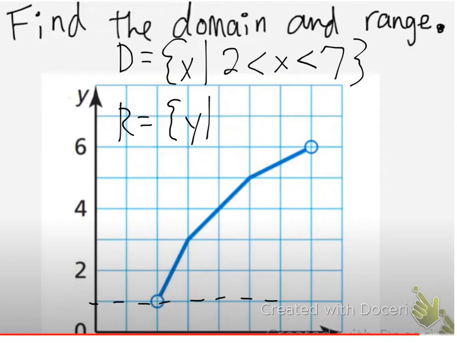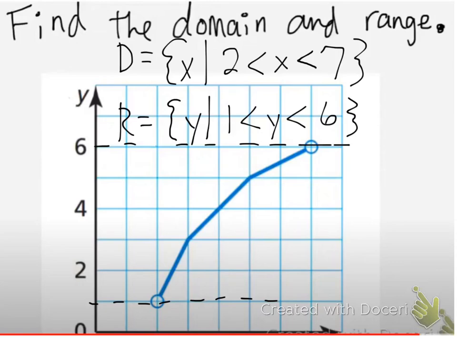What's my largest y value? 6. Is 6 included? No, it's got that open circle on it. So how would I write this in inequality form? 1 is less than y is less than 6. We okay with that?